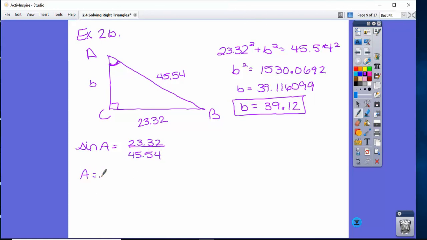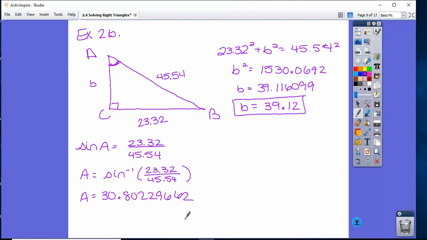If you need the angle, that's when you do the inverse. Okay, so you should get this lovely thing.